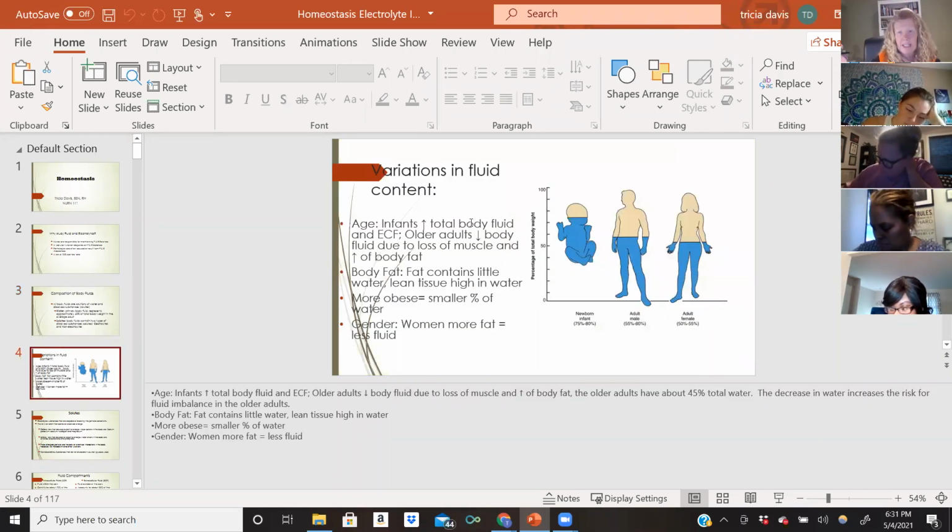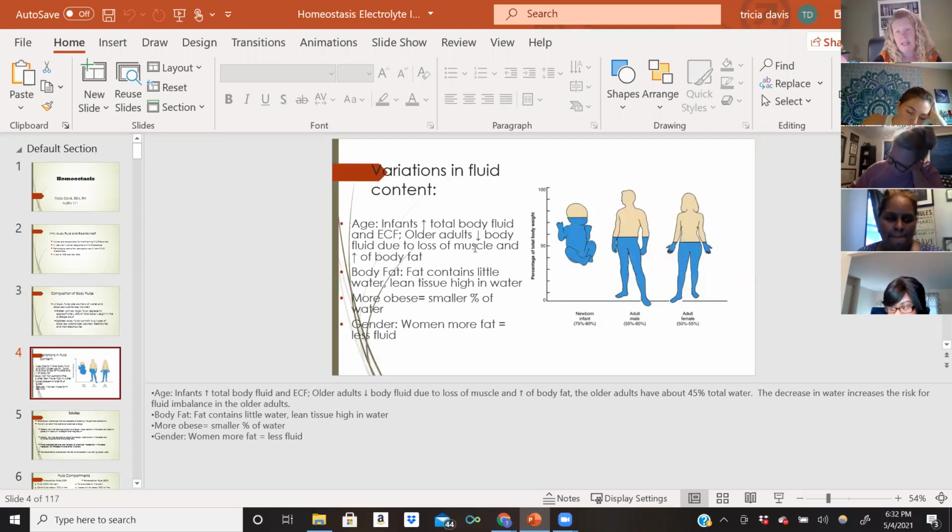So age, we do have variations in a lot of different areas. In infants, they have an increase in total body fluid and in their extracellular fluid. Older adults are the opposite end of the spectrum. Remember, I always say infants at one end, older adults at the other. They're very, very different. Infants have more.